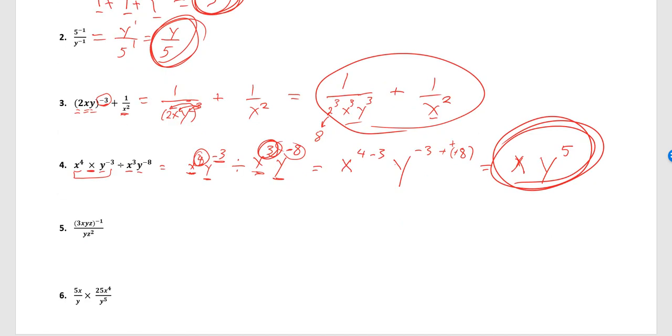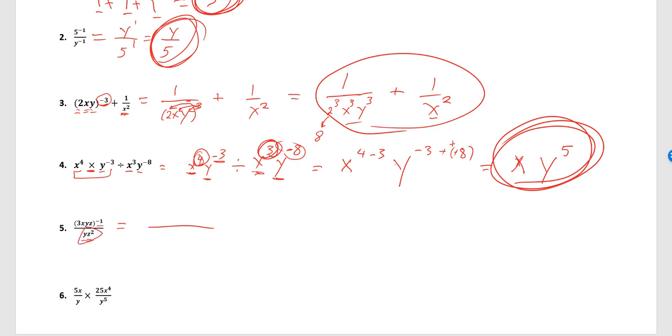Okay, next one. So 3xyz all to the minus 1 power divided by yz squared. Again, remember the law of negative exponents, and all it tells me to do is to take the reciprocal of the term that has a negative exponent.